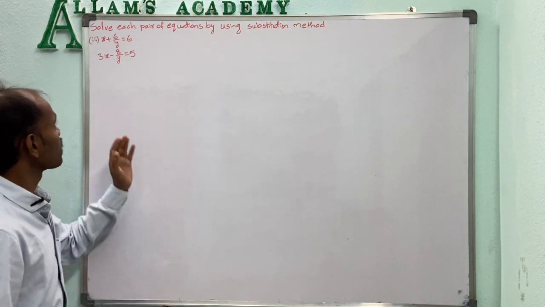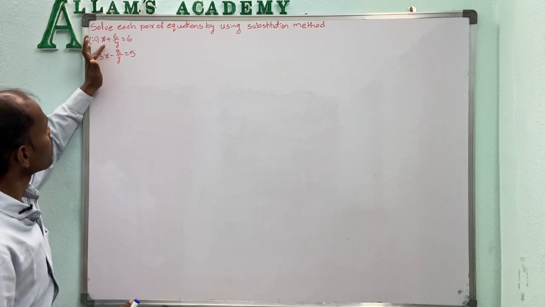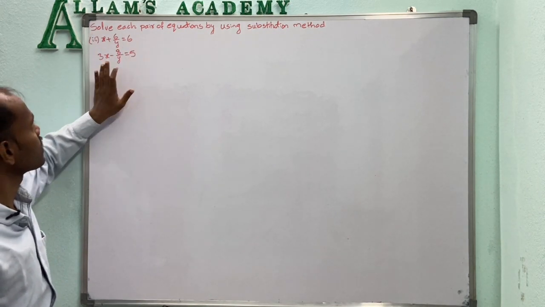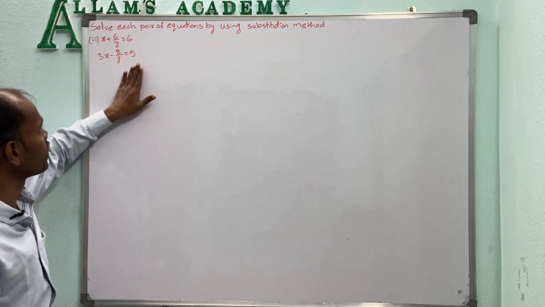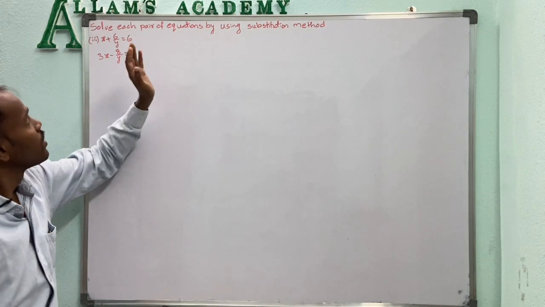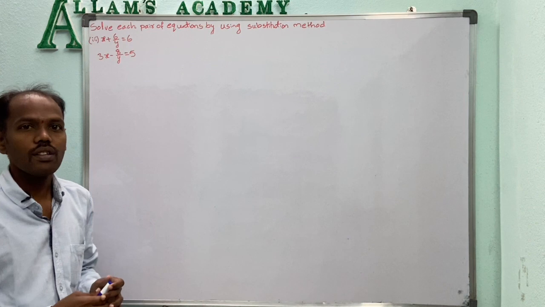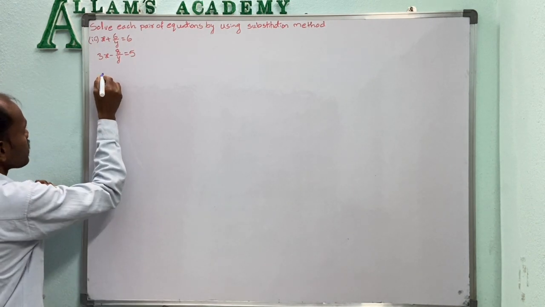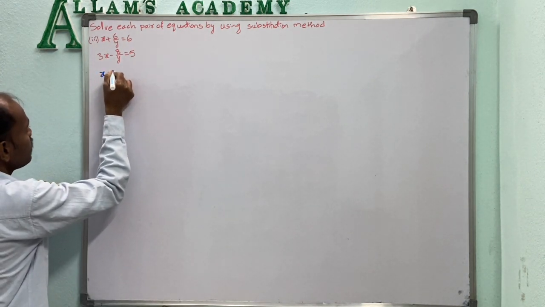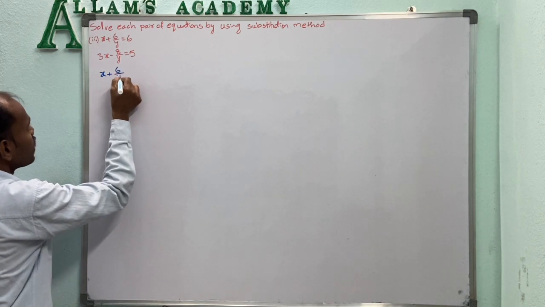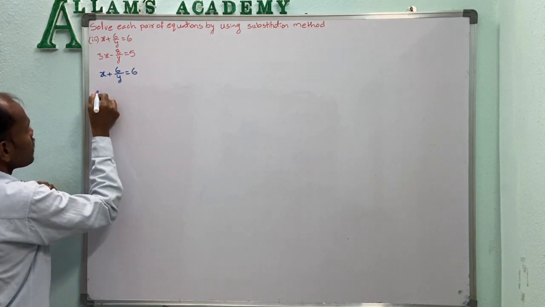Now if we observe the next problem: x plus 6 by y equal to 6, 3x minus 8 by y equal to 5. Solve this using the substitution method. Taking the first equation, x plus 6 by y equal to 6.